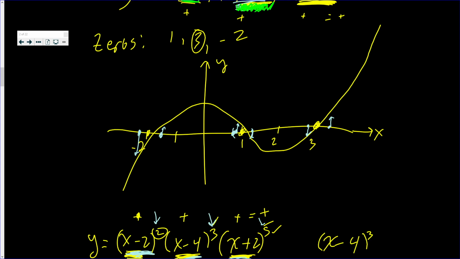This number here is larger than this number. But now, the larger is negative and the smaller number is positive. All I'm saying is the sign changes near 1, near 3, and near negative 2.